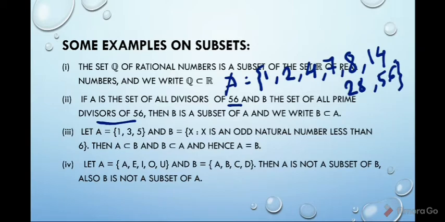This will be set A, all the divisors. Now B is all the prime divisors, so B will contain 2 and 7 only.